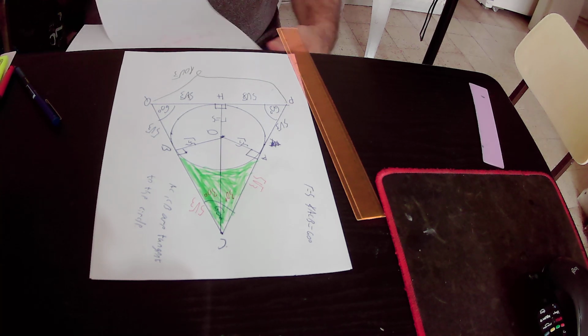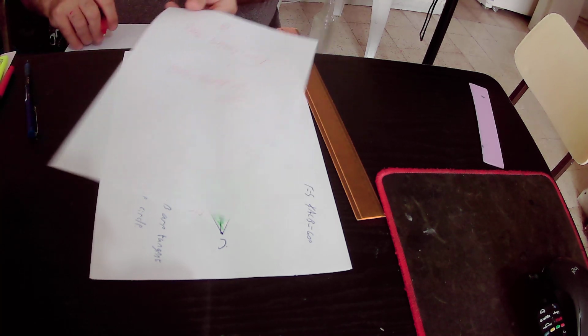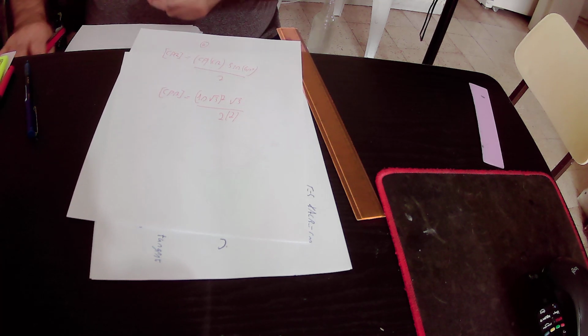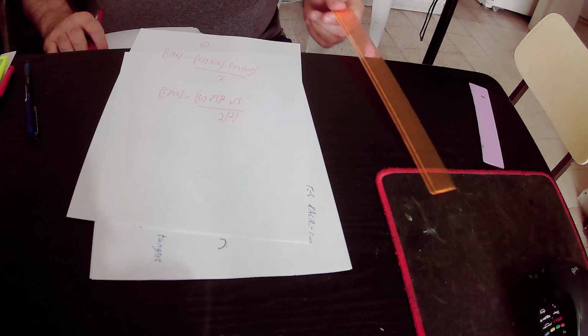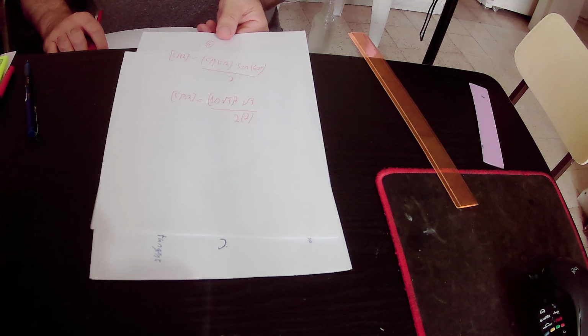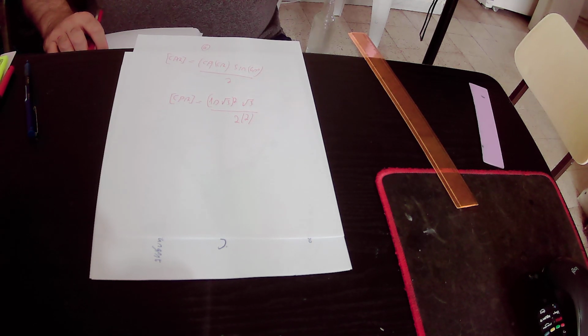So the area of equilateral triangle CPQ equals 10 times root 3 squared times root 3 over 2 times 2. 10 times root 3 squared is 300 and 2 times 2 is 4.